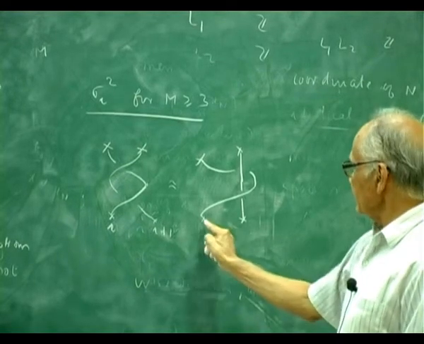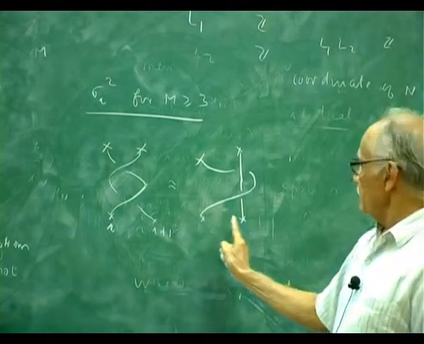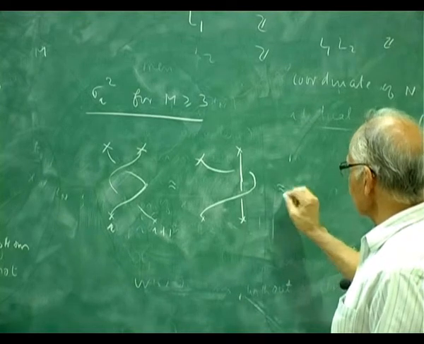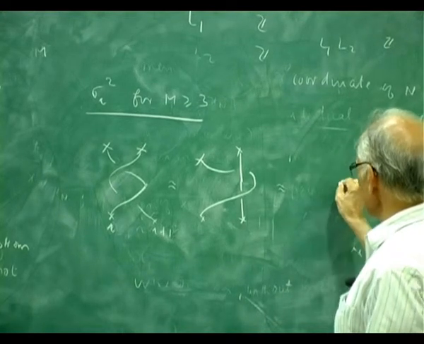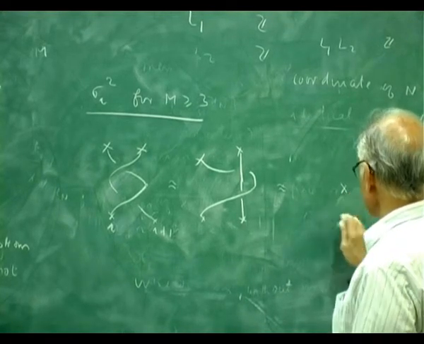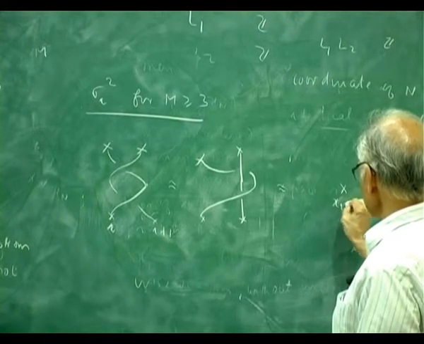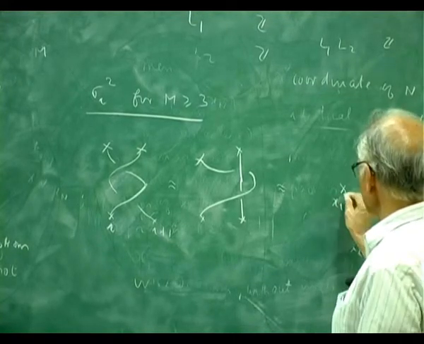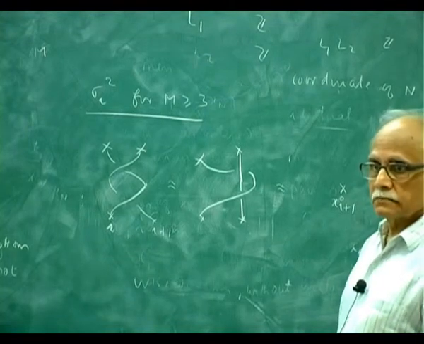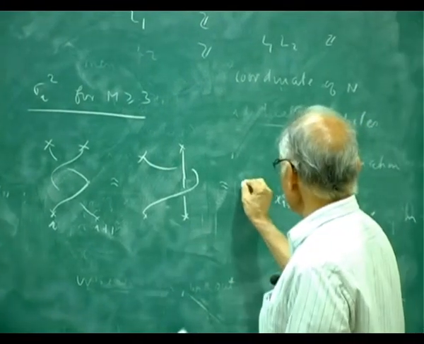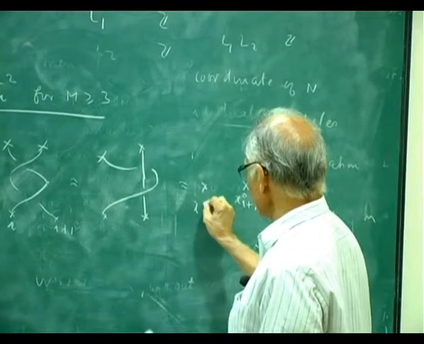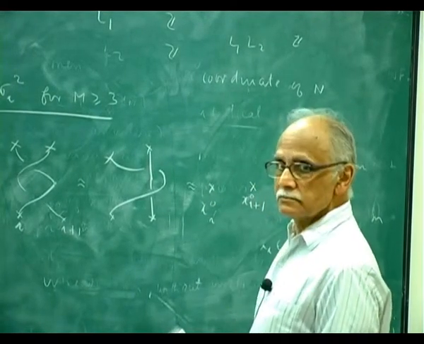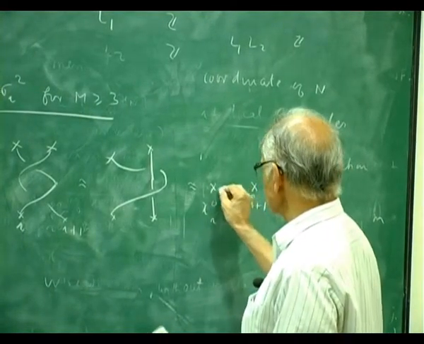So physically in 3 dimensions, this is equivalent to the point at coordinate x0, i plus 1, and this point has started at x0, i and gone right around.